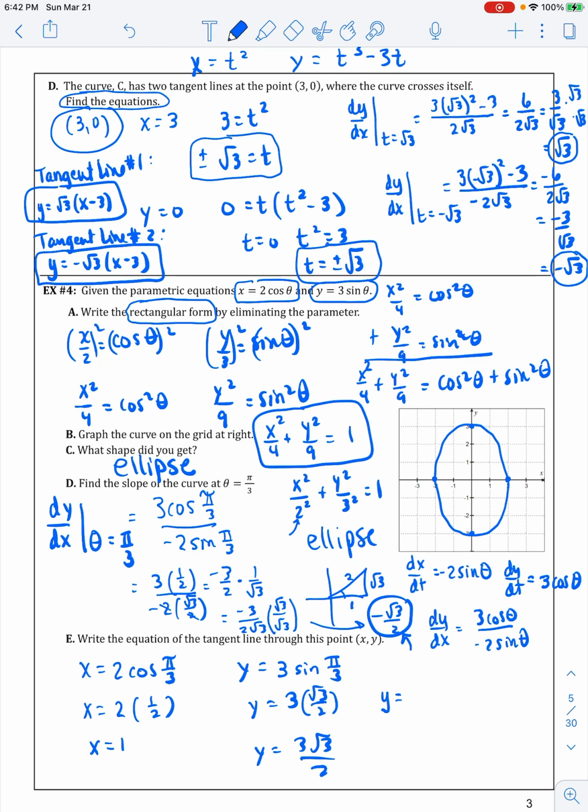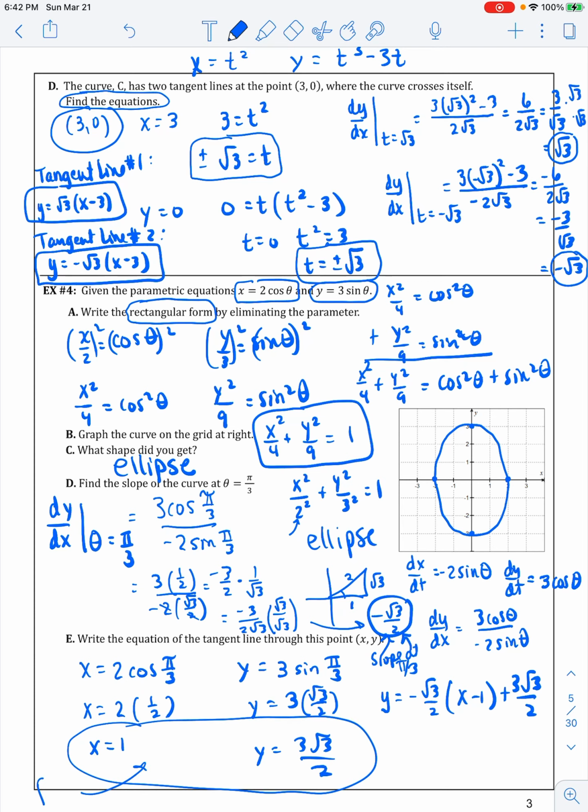So if I'm writing the equation of the tangent line, this is my slope, negative square root of 3 over 2, times x minus 1 plus 3 root 3 over 2, because that was my xy point at pi over 3, and this was my slope at pi over 3. Or no, not x, theta. But this is your equation of your tangent line.